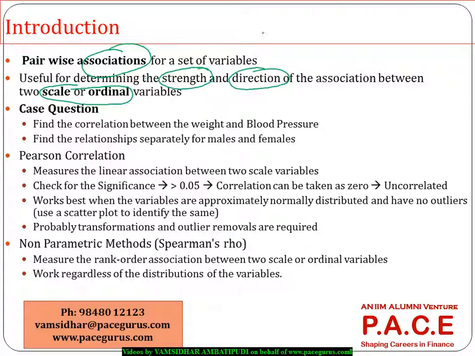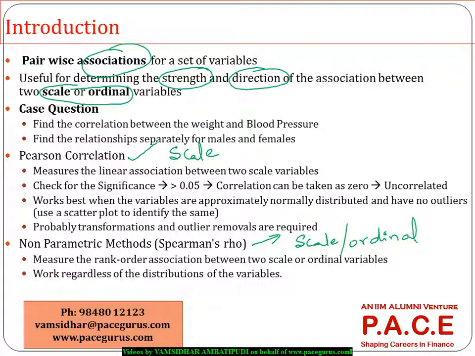And even in the ordinals, there are two different kinds of correlation we would be talking of. One is the Pearson correlation, which is more applicable only to scale variables. Whereas when we talk about the Spearman's correlation, we can consider both the scale as well as ordinal variables.